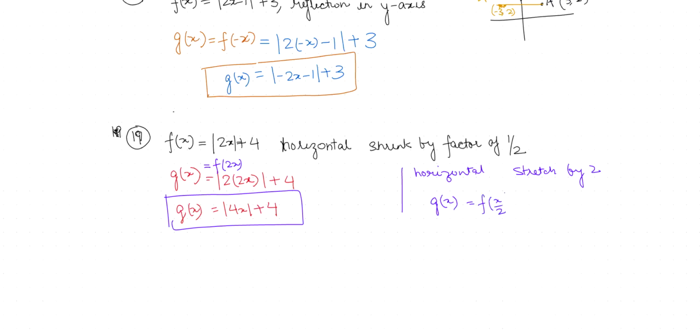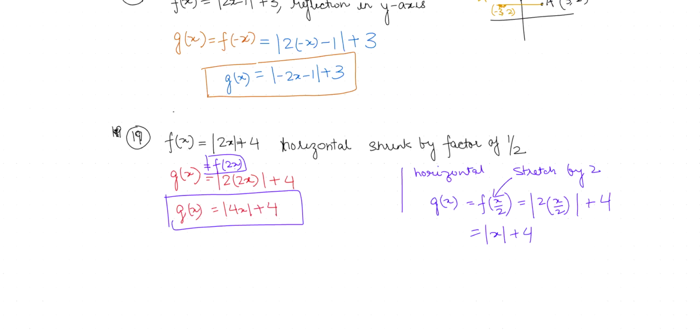So this would give us f of x by 2 plus 4. So when it is a stretch, it is x by 2. When it is a shrink, it is f of 2x, which would have given us 4x plus 4.